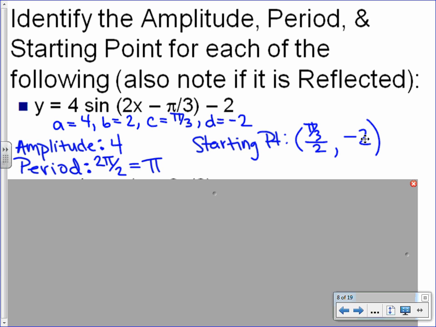So the hardest part in all of this is the c divided by b, because you're going to have fractions and fractions. What is pi over 3 divided by 2? Pi over 6. Because this is the same as pi over 3 times 1/2, multiplied by the reciprocal.